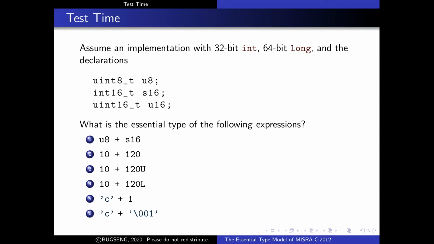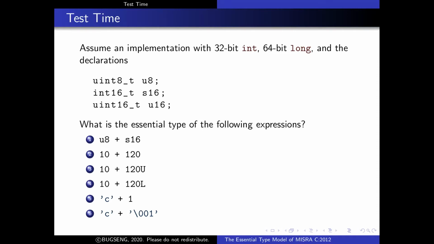Okay, so many seem to believe that the answer is 16-bit signed. No, the correct answer is 32-bit signed. So we have 14% of those who responded that are correct. Let me explain why. As I said, we are summing unsigned with signed.